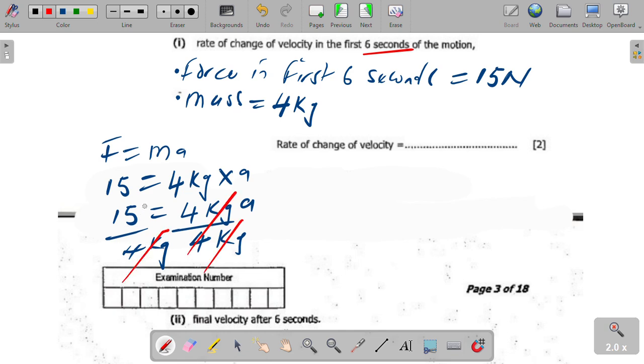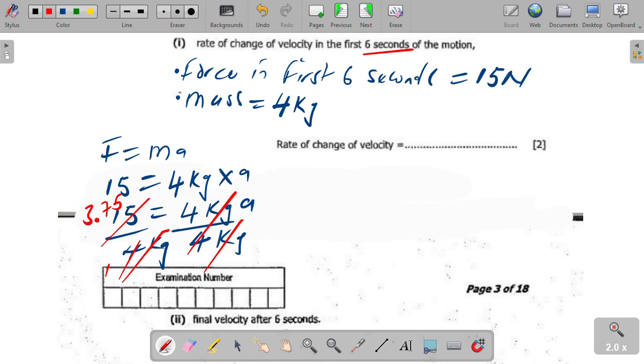Here we divide 4 into 15. What do we get? 4 into 4 is 1. 4 into 15, how many times? 3 times, remainder 3. From the remainder we have 7.5.